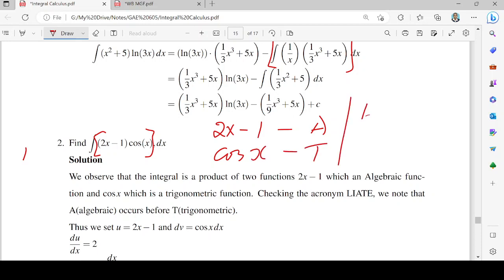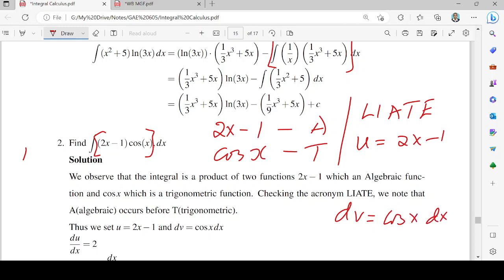We look at our acronym, LIATE. We check which one occurs first, A or T. We notice that A occurs before T, and therefore we choose u to be 2x minus 1. Then dv becomes the other function, cosine of x dx. So we are going to differentiate u and integrate dv to get v.